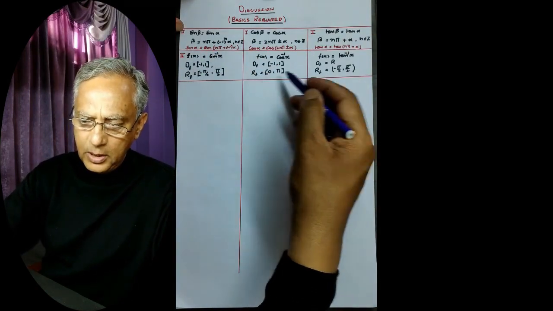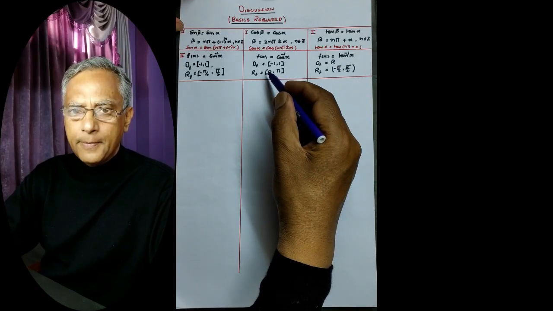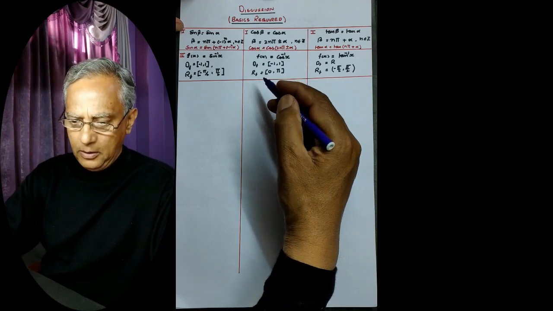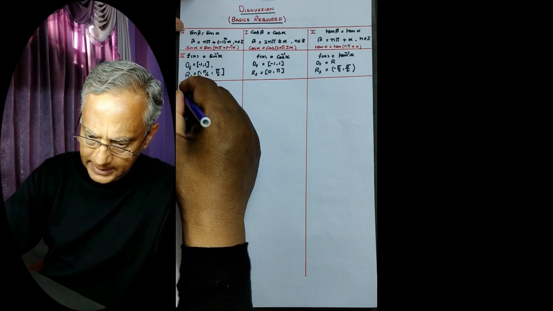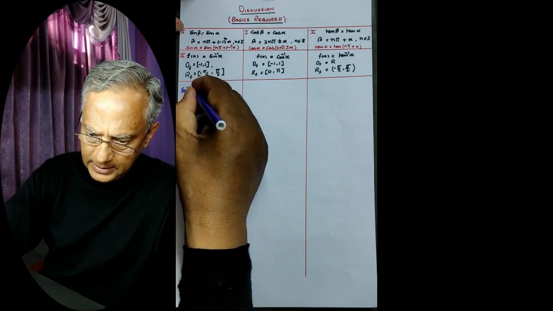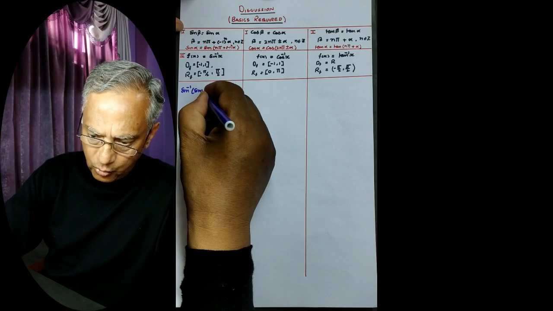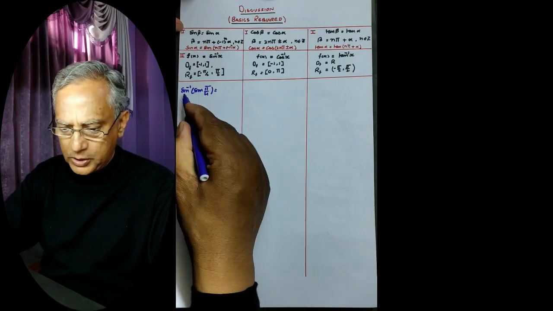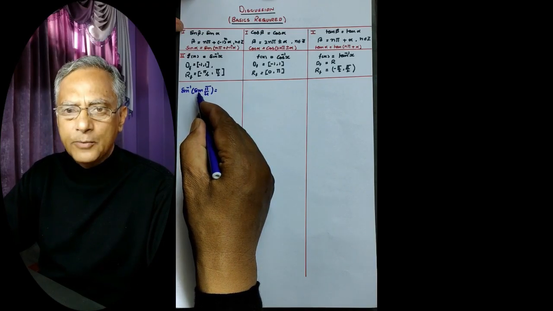With this background, I will find the values of some inverse trigonometrical functions. First, suppose we have sine inverse of sine pi by 4. Sine inverse of sine is f inverse of f, which is the identity.